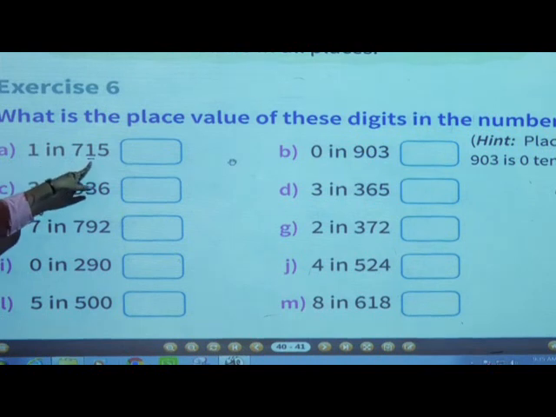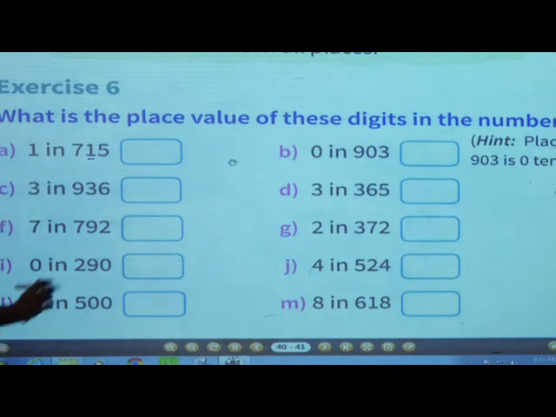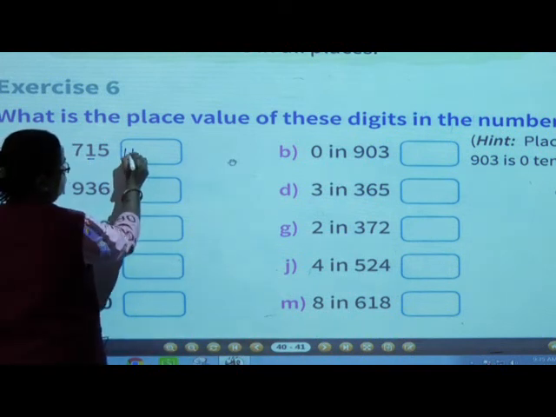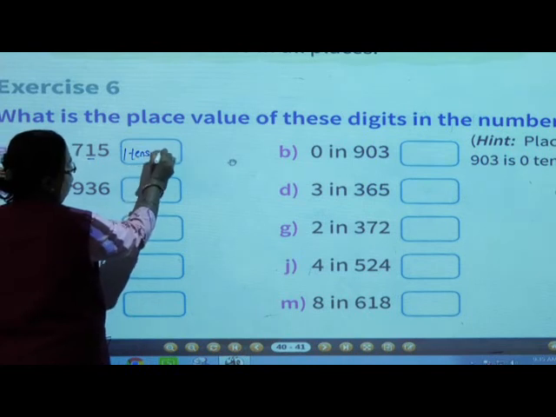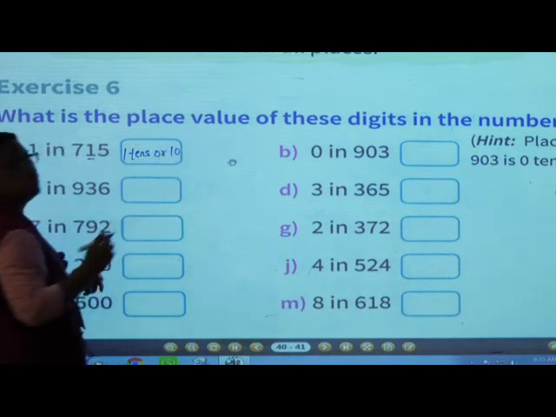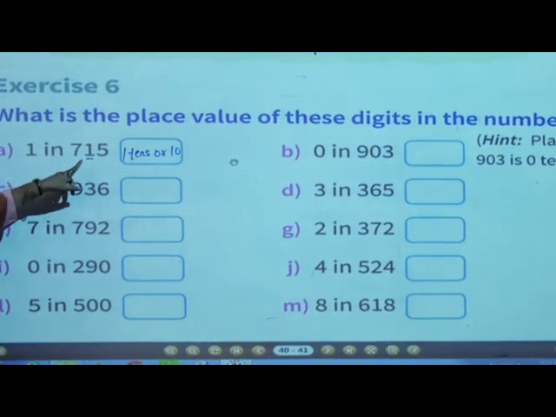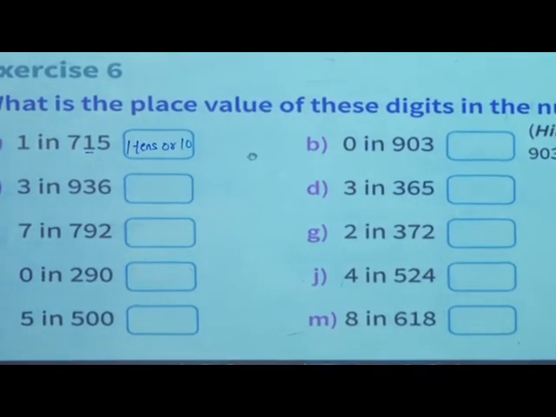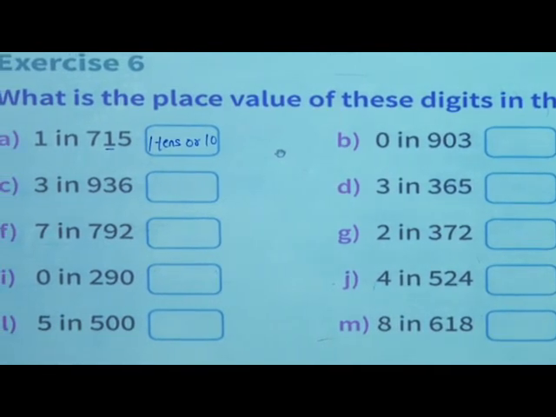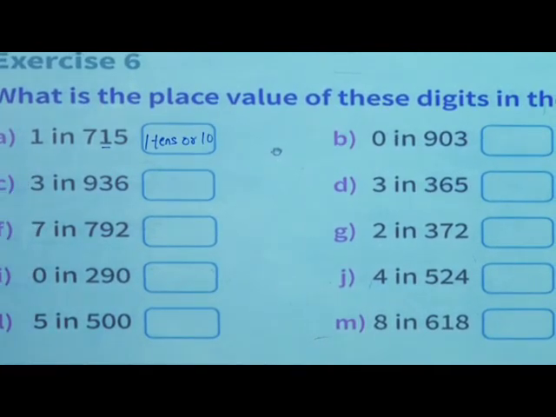So what will be the place value of 1? Yes, 1 tens or 10. Write down with me, children: the place value of 1 is 1 tens or 10.